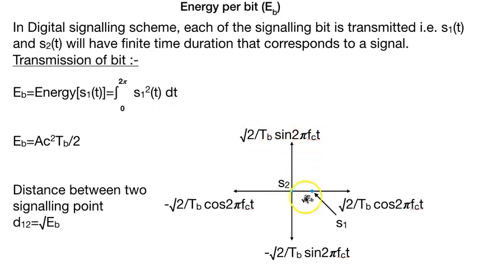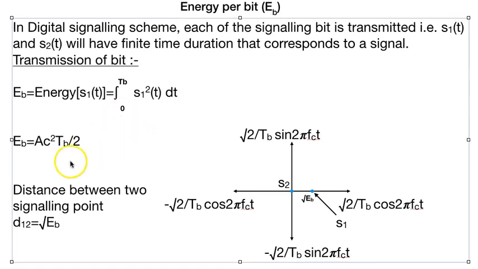So let me tell you about this diagram. A point is always represented by bit error rate, which is equal to AC square TB by 2, calculated by this formula, the energy formula, 0 to 2 pi, square of the signal. I guess it's TB, okay, it's TB.